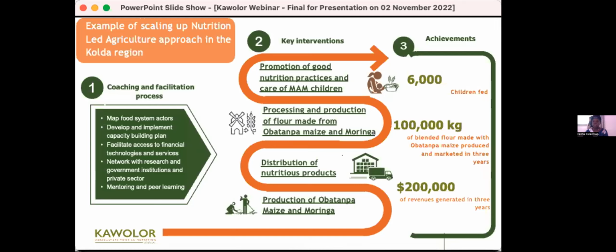And they also generated $200,000. After doing that, or while doing that, they are also giving support to the Bogale group and working with units for rehabilitation and children education. So they do a lot to improve nutrition in their area.